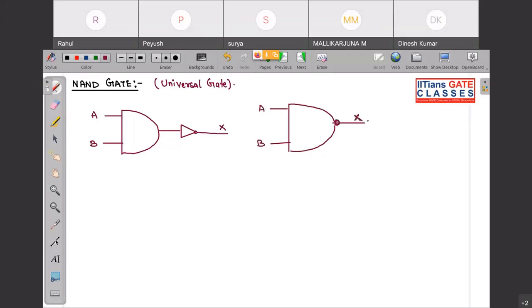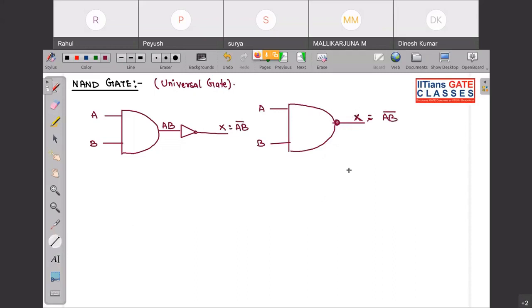Okay, so now if I want to draw, first let me write the logical expression. So it will be what? Here it will be A into B. Now if A into B passes through this NOT gate, it will be what? AB complement. So basically X is what? It is AB complement. So this is the logical expression of your NAND gate.